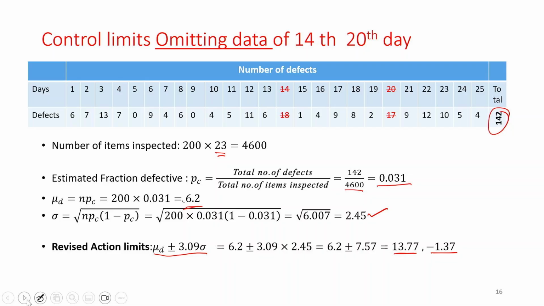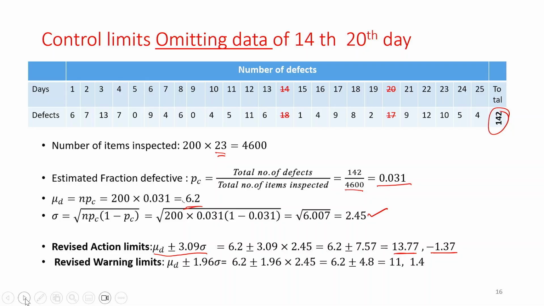Same thing we'll do for the warning limits also. This is mu d plus or minus 1.96 sigma. We put in the values of the mean and the revised sigma, and the new limits are now 11 and 1.4. So this is the change.